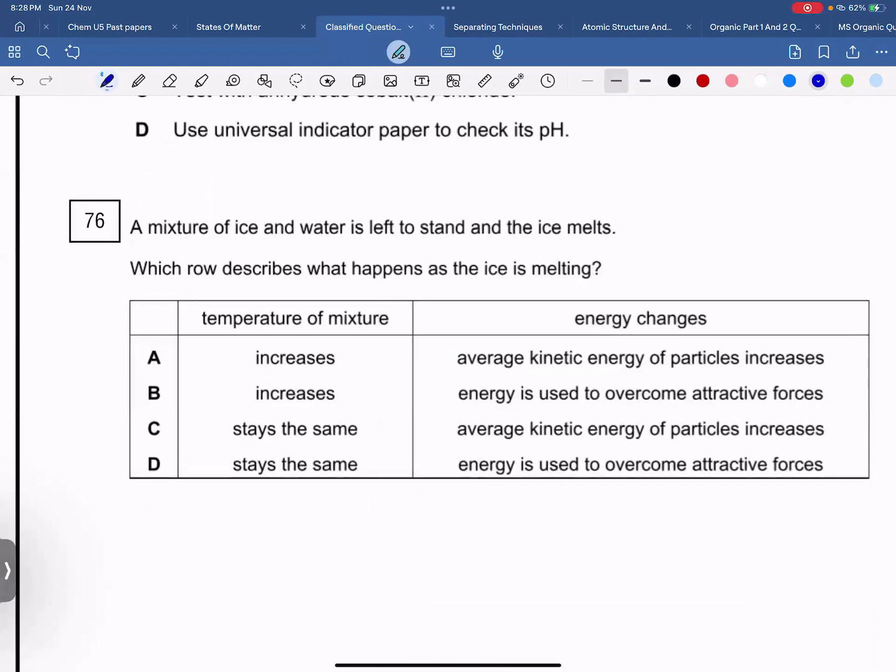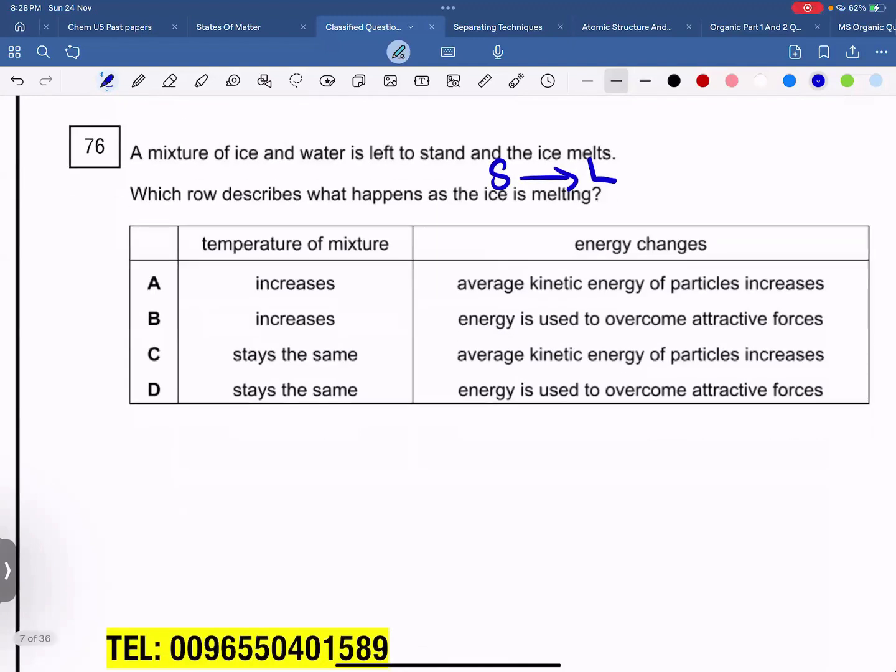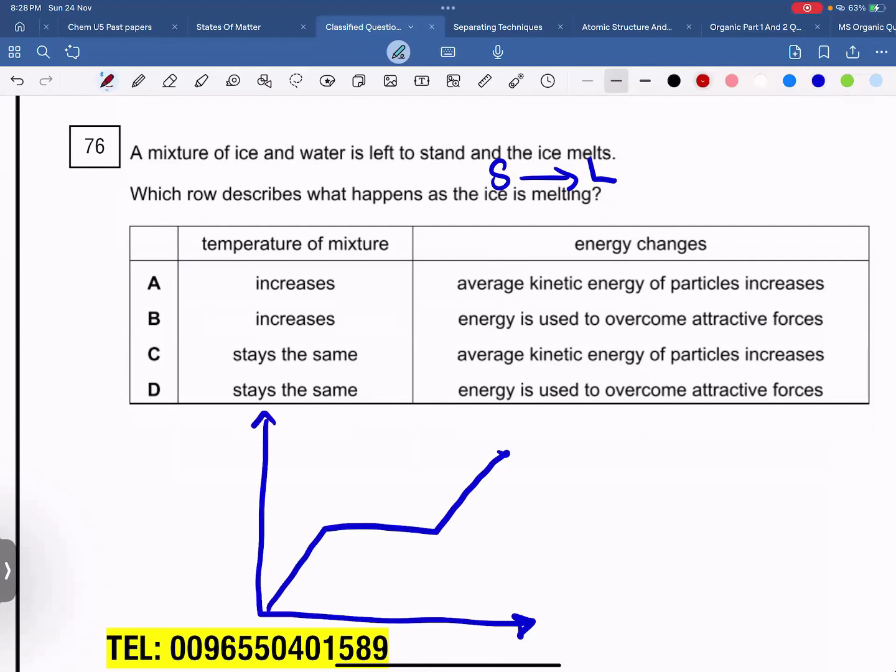This is a very tricky question. A mixture of ice and water is left to stand and the ice melts. Which row describes what happens as the ice is melting? Ice is solid, melting, converts into liquid. So the temperature of the mixture stays the same. This is an example of the heating process from solid into liquid.